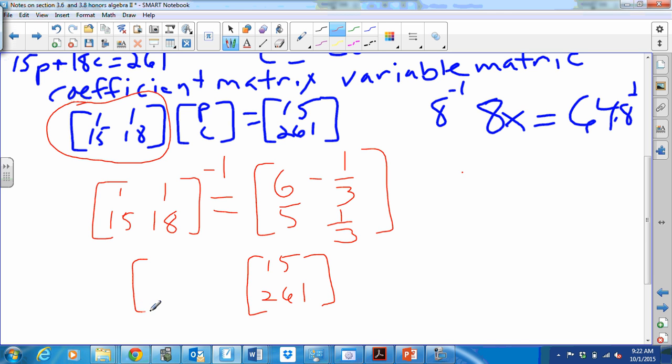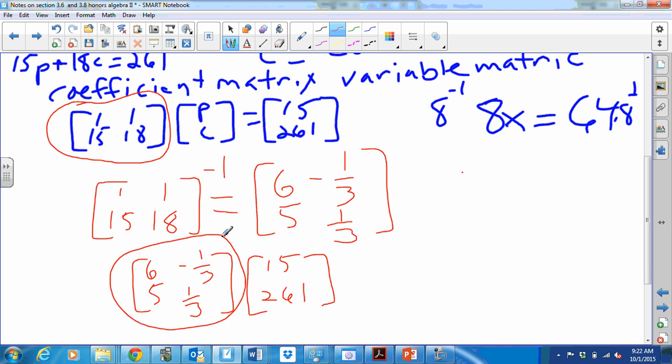We need to put this matrix on this side. So 6, 5, negative 1/3, 1/3. Basically, we're multiplying by this on both sides, and it needs to be on the left-hand side of each side. That's going to make this side only the variable matrix.